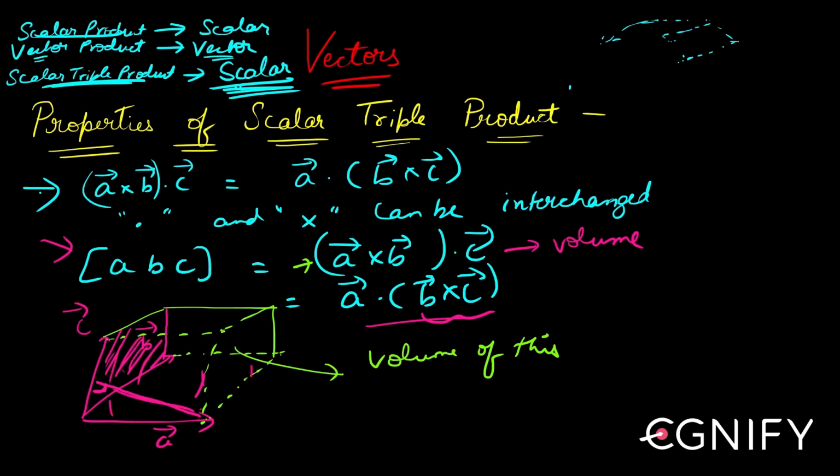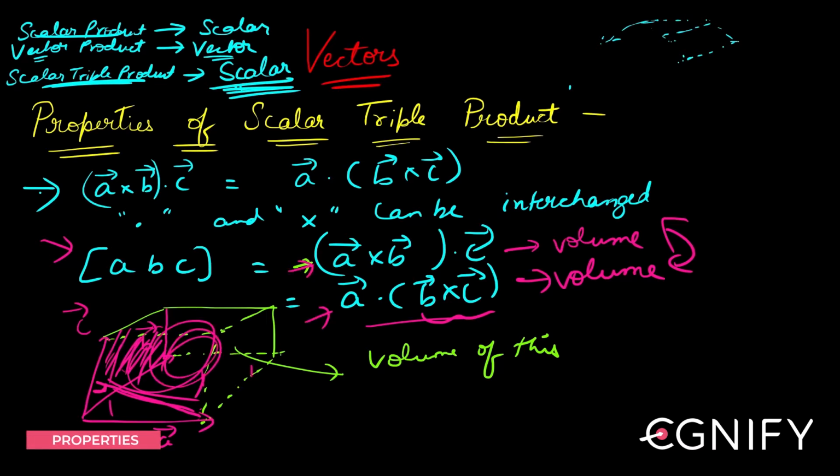So even here, base area into height, you will get the same volume. Even using this, you will get the same volume. So ultimately, you are getting the volume of this parallelepiped in both these cases. That is the reason why both of them are the same. So that is the reason why dot and cross can be interchanged. So remember that as a property. We've already seen this, but just for revision, keep this in your head. It will be useful. Let's move on to the next property.